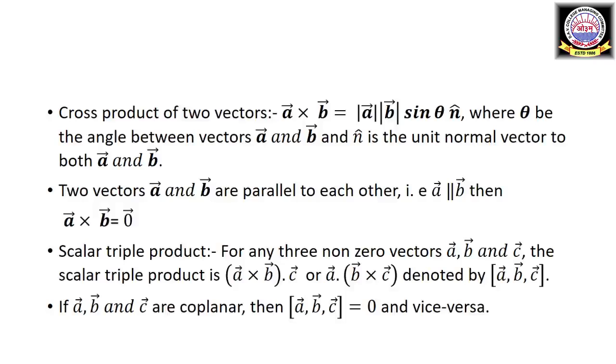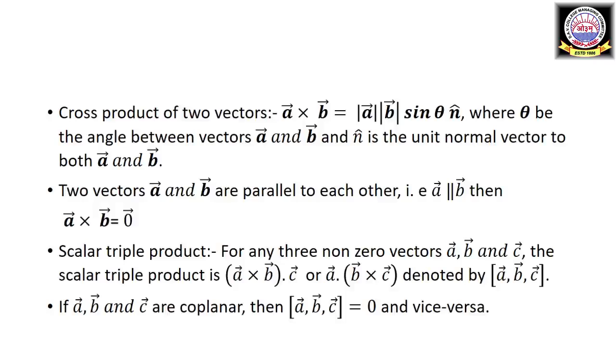So the output is a scalar. So that's why it is called the scalar triple product. It is a very important point here. If the scalar triple product of the three vectors is 0, then the three vectors are called coplanar. Means they are lying on a plane.